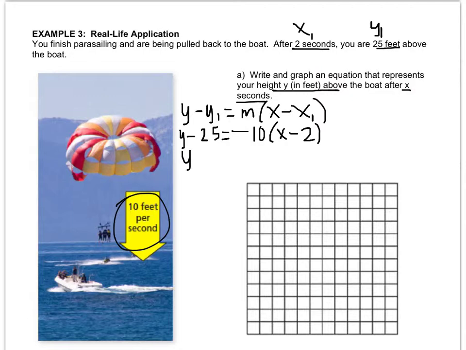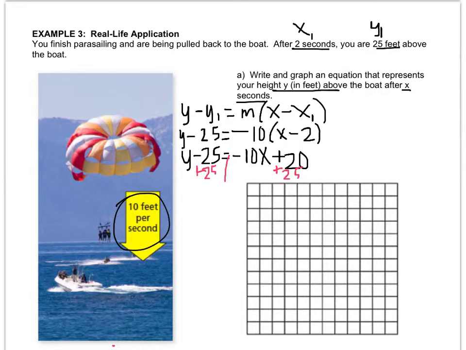So, although this is a correct equation, we have to graph it, so let's get it in slope-intercept form. So let me distribute negative 10x plus 20, be careful, and then I have to get the y by itself. So I'll add 25 to both sides.